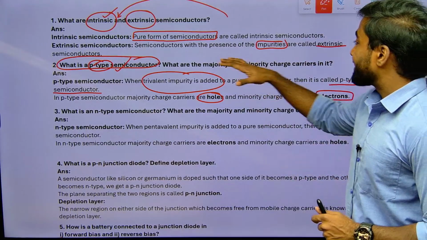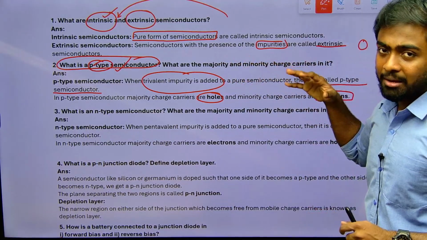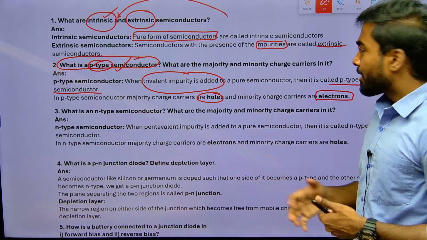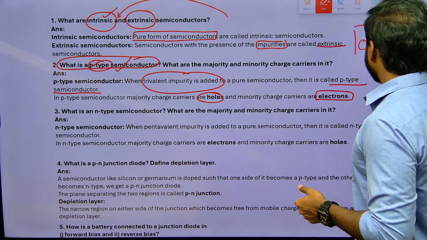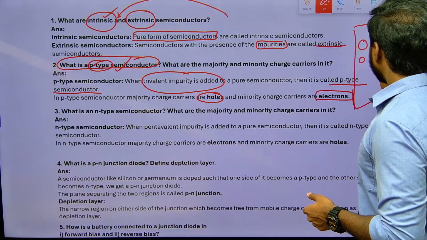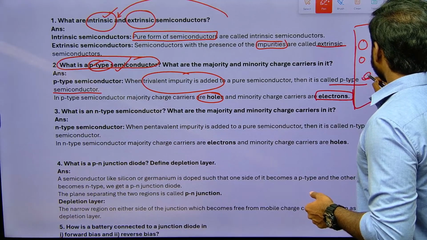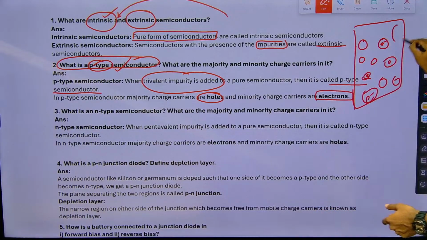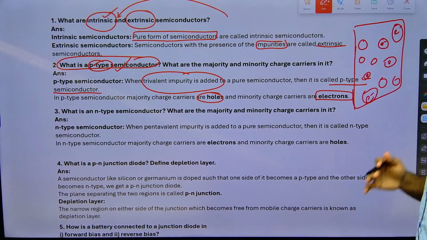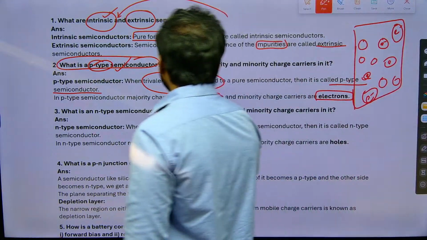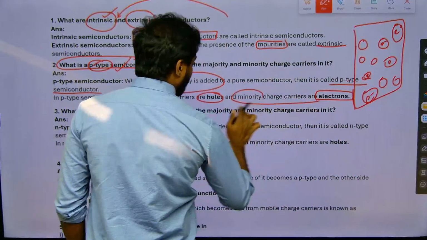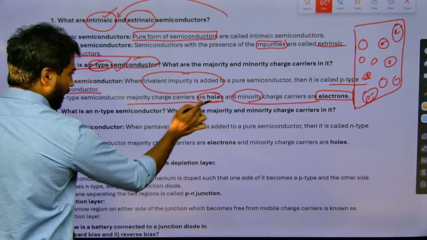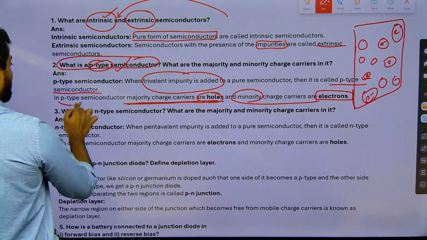And they ask what the majority and minority charges are. In semiconductors, electrons will be there and holes will be there. When electrons are the minority and holes are the majority, that is p-type.